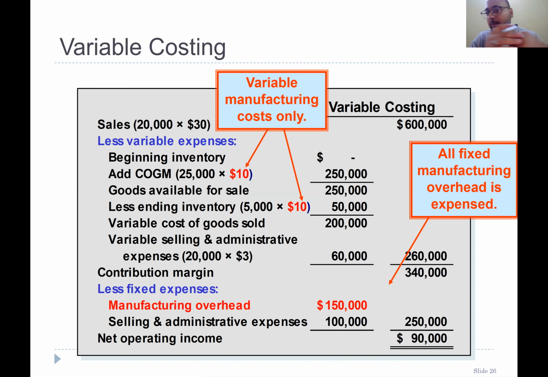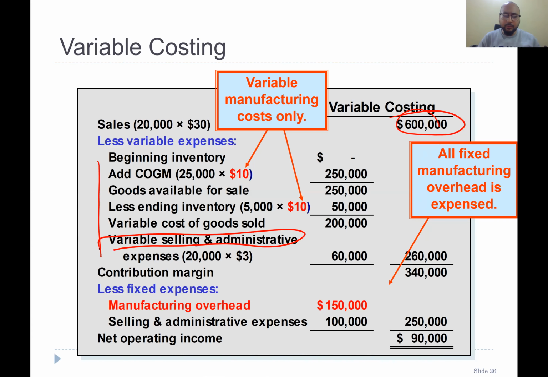So sale minus all the variable expenses. You see, we are not talking about variable costing per unit. We are talking about the variable costing income statement. So you see sales minus all variable costs, which does include variable selling and admin.